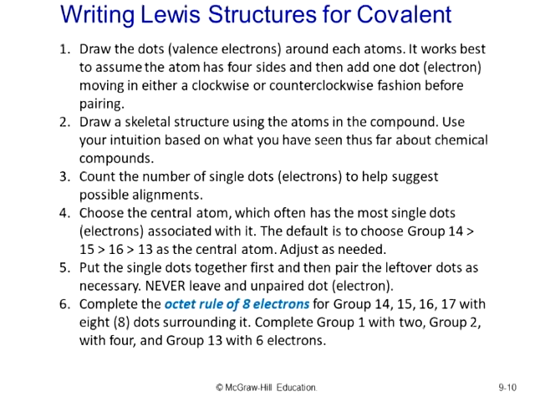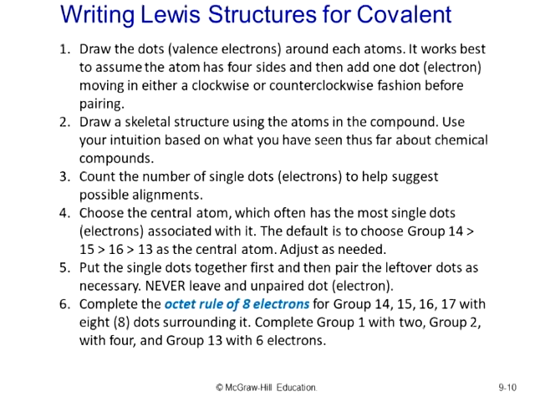For example, carbon has 4 single dots in its Lewis structure. Oxygen has 2. So I would tend to choose carbon as my central atom, although it might turn out that oxygen is really the true central atom. So be aware of that.